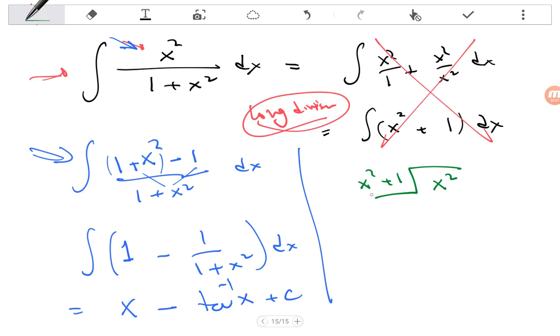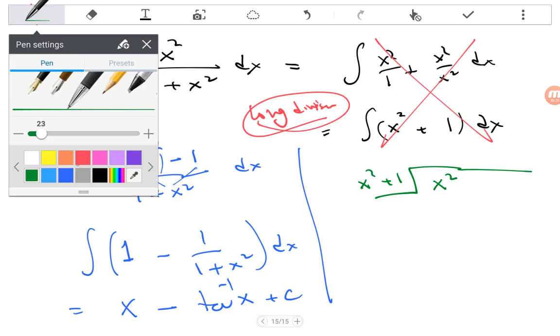Now look that I ordered them in descending order. I didn't write it 1 plus x squared. I wrote x squared first, then 1. Starting from the largest power to the smallest power. Okay, with this order. Now how to make long division?